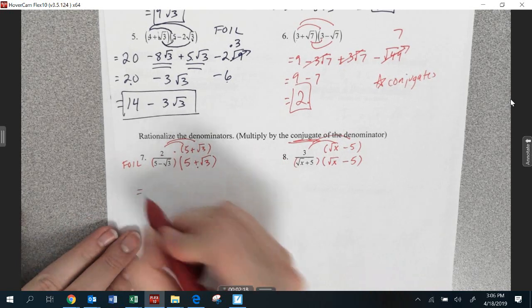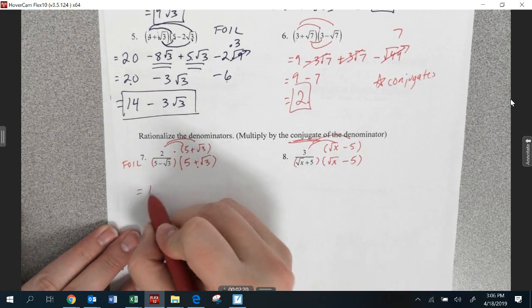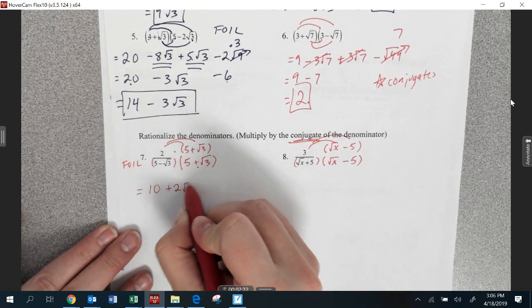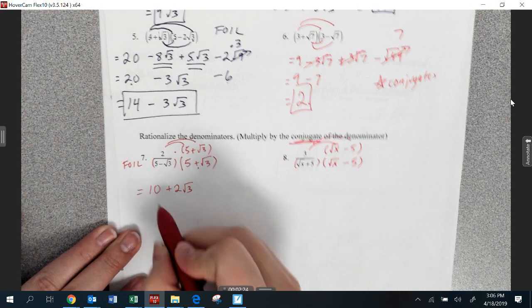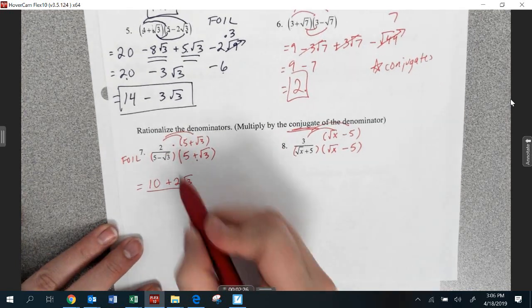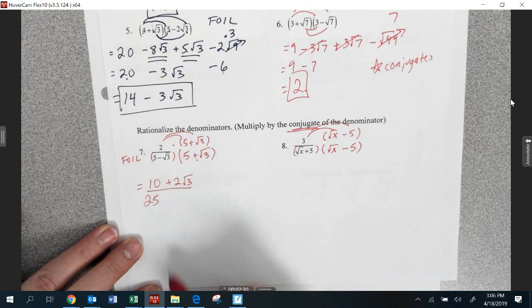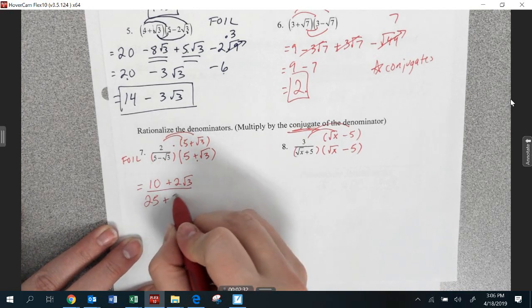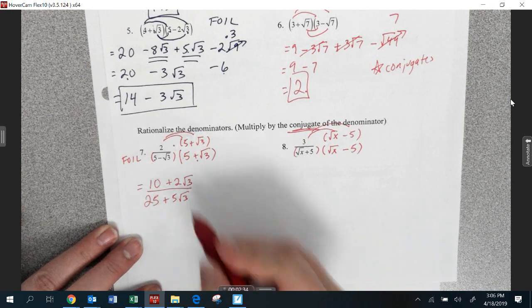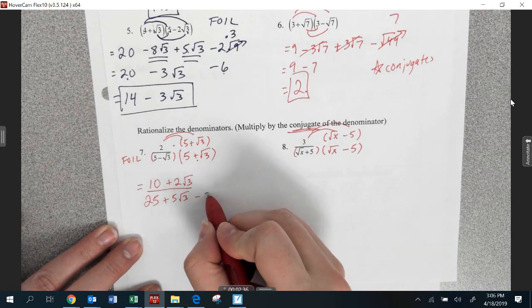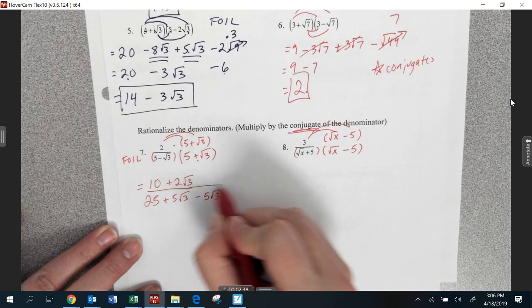All right, so I'm going to start over here with number 7. I'm going to distribute, which would give me 10 plus 2 square root of 3. On the denominator, I'm going to FOIL. So first will give me 25. Outsides would give me 5 radical 3. Insides would give me negative 5 radical 3.